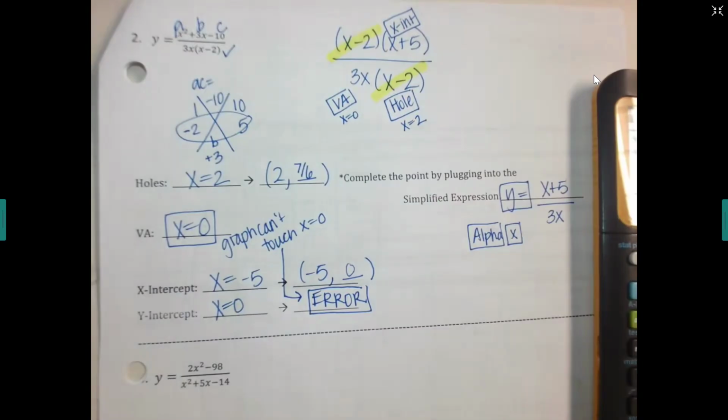I believe on the next question, we're going to have to factor the top and the bottom. So take a look at the top. What type of factoring are we going to do for the top of the next question? It is going to be perfect squares, but I'm going to have to do something first.